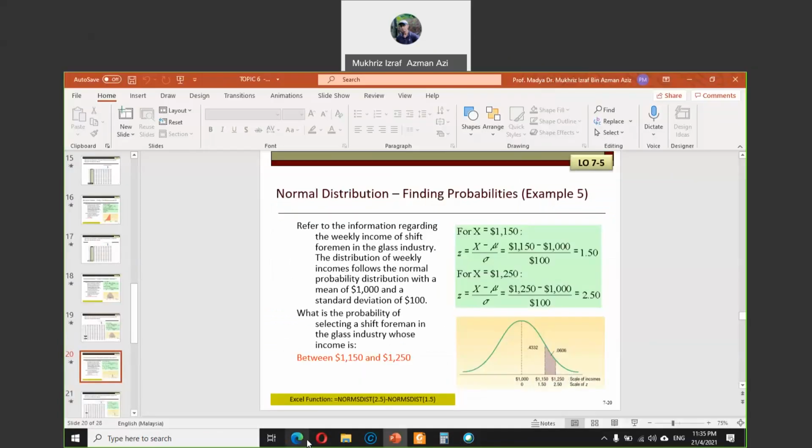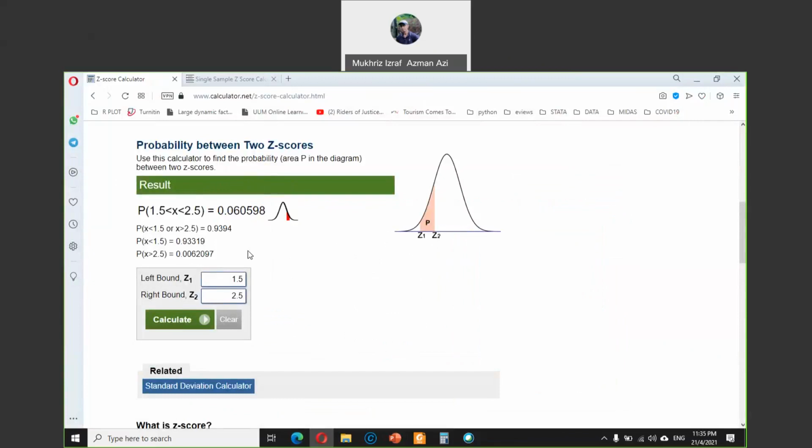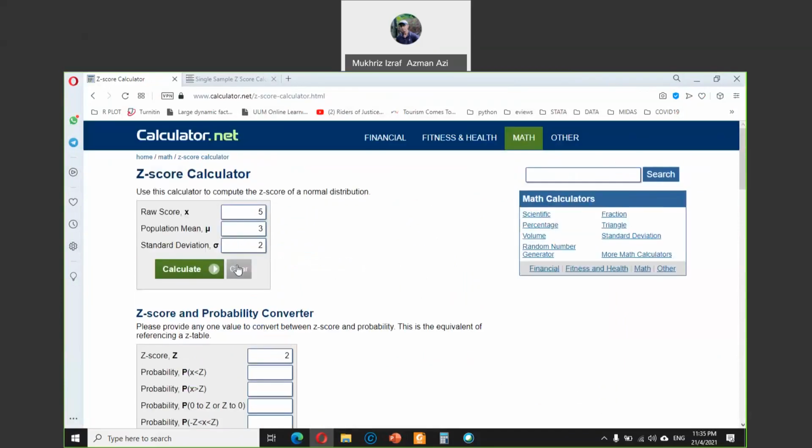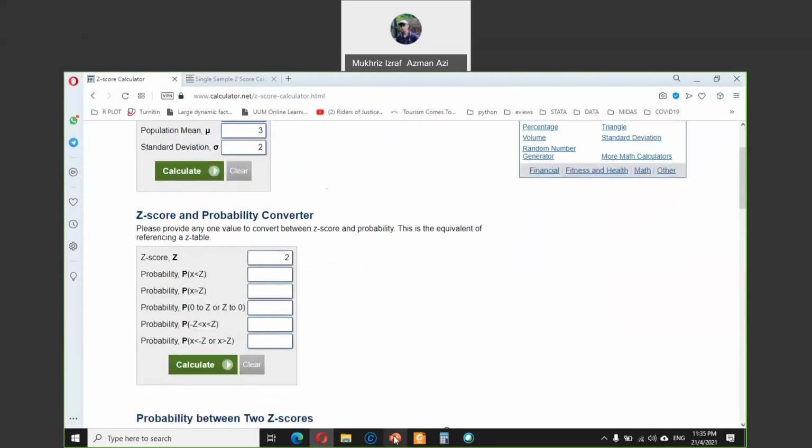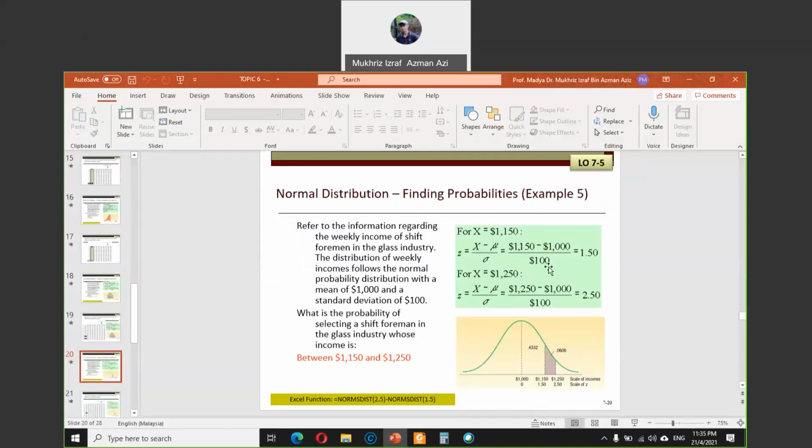So you can use this to get the value directly from the calculator between two Z values. But I think it's better to convert from X into Z manually, because the formula is very simple: X minus mu divided by sigma.